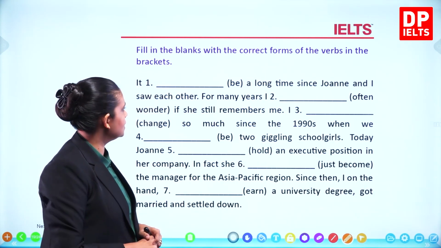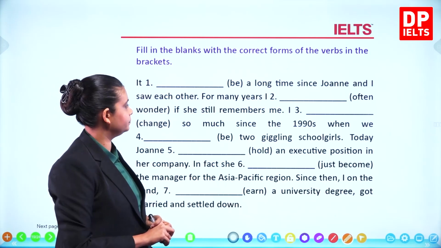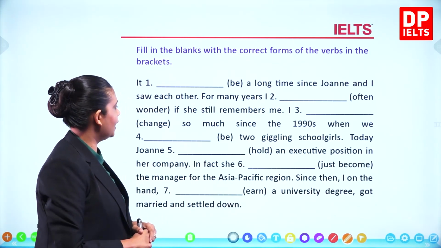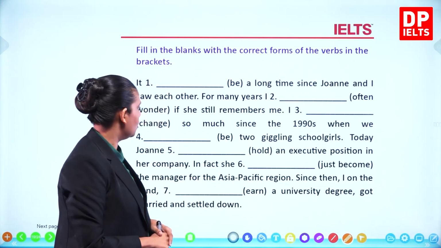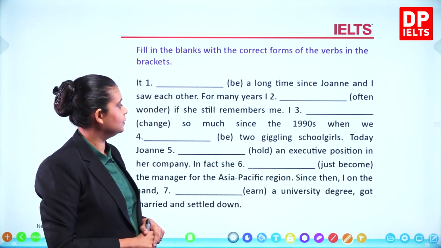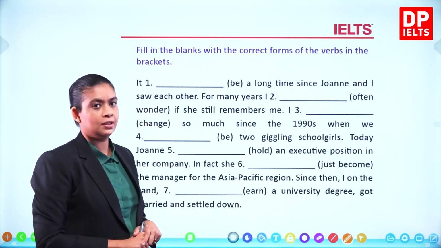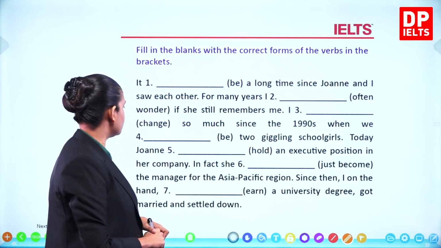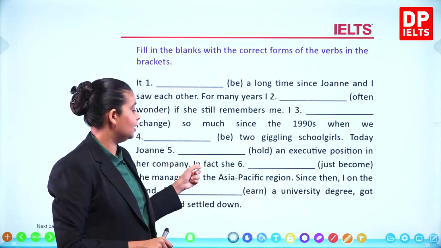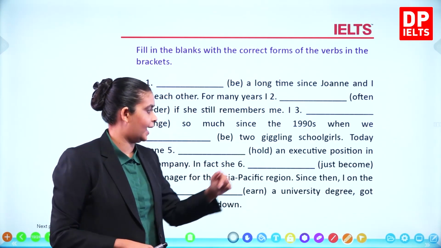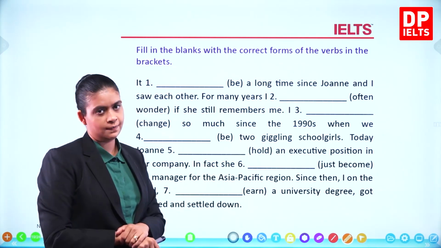For many years, I blank if she still remembers me. I blank so much since the 1990s when we blank two giggling schoolgirls. Today, Joanne blank an executive position in her company. In fact, she blank the manager for the Asia Pacific region.